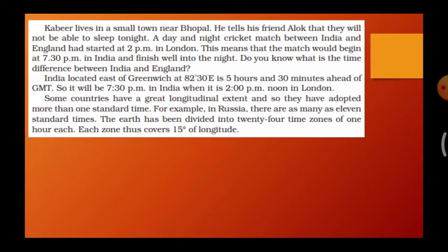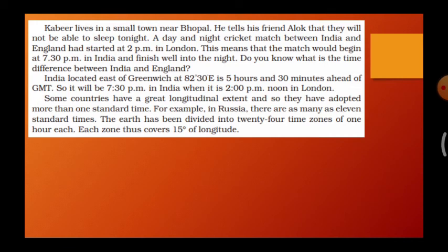India, located east of Greenwich at 82 and a half degrees, is 5 hours and 30 minutes ahead of GMT. So it will be 7:30 p.m. in India when it is 2 p.m. in London.